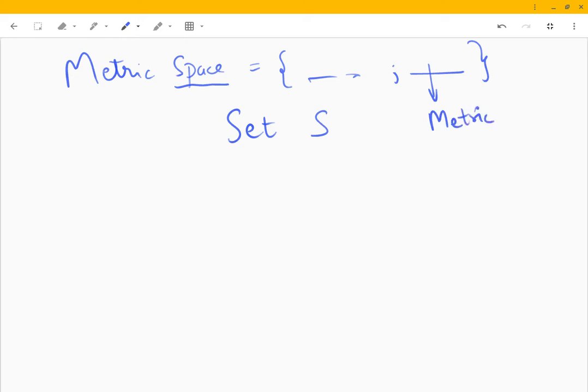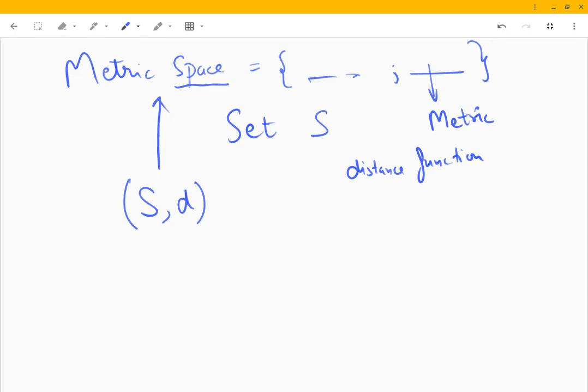This property is actually a function. What sort of a function? A distance function. So any set S on which a distance function is defined is called a metric space.